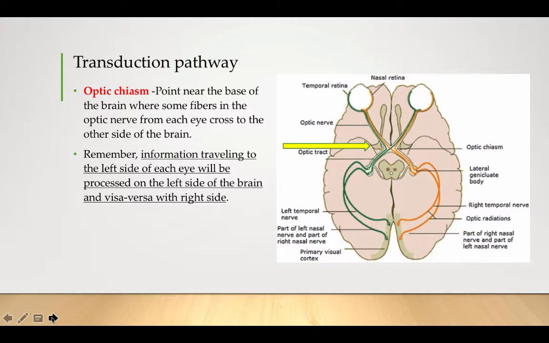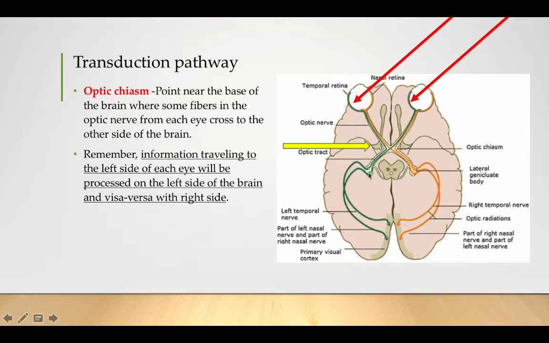Remember, information traveling from the left side of each eye is going to end up on the left side of the brain and vice versa. So let's follow the pathway. Assuming light travels in a straight line, and you're looking straight ahead, light that hits the left side of each of your eyes, if we follow that color, dark green, is going to travel to the left side of the brain from each eye.